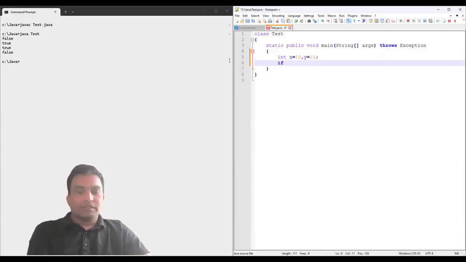And I have a condition, say for example, if ++x less than 10, and this is a bitwise and, ++y greater than 15, then x++, else y++.